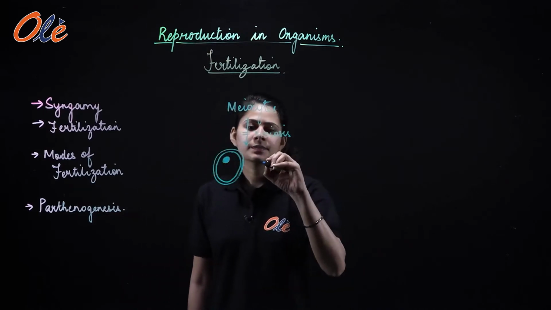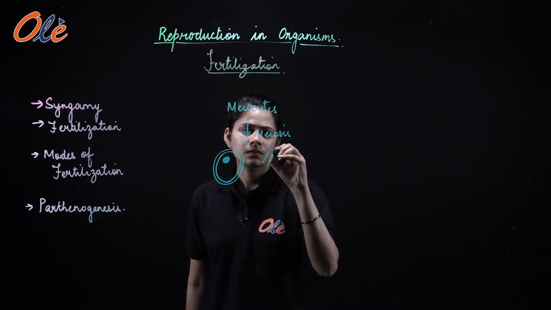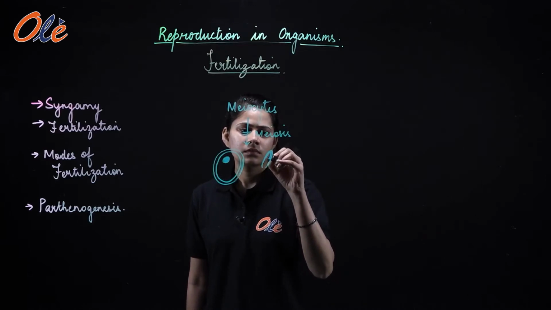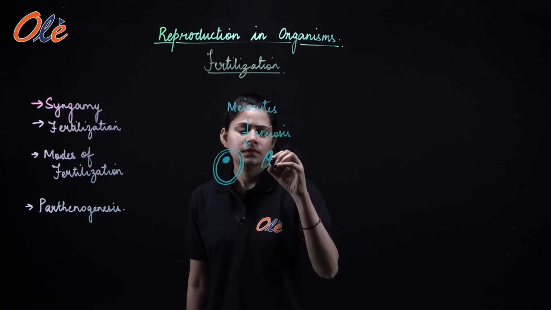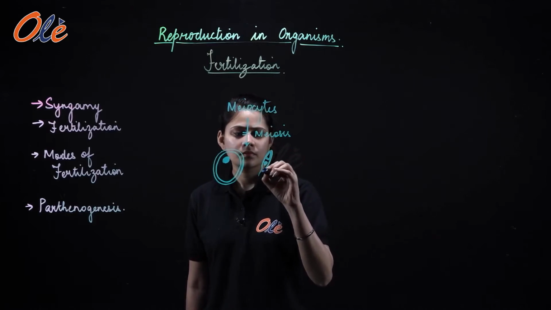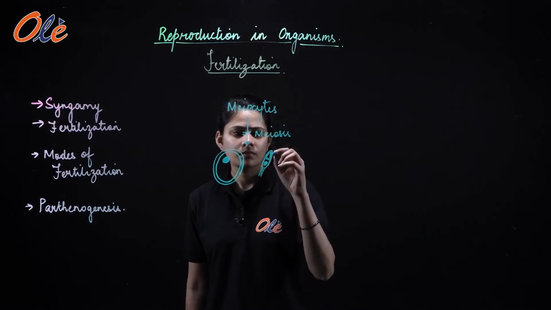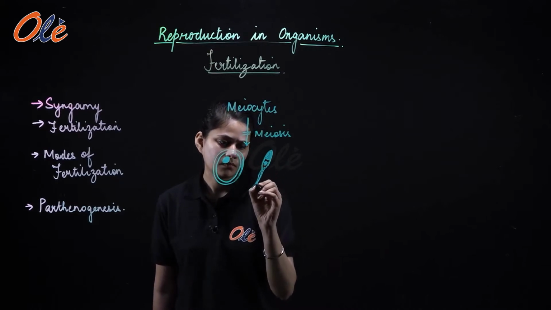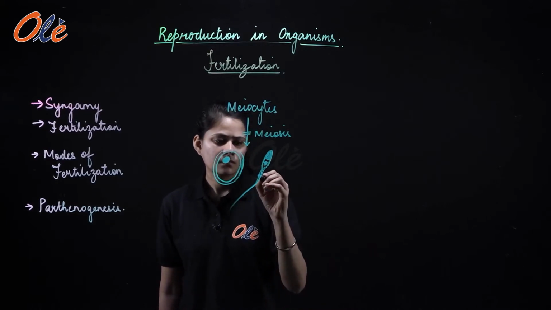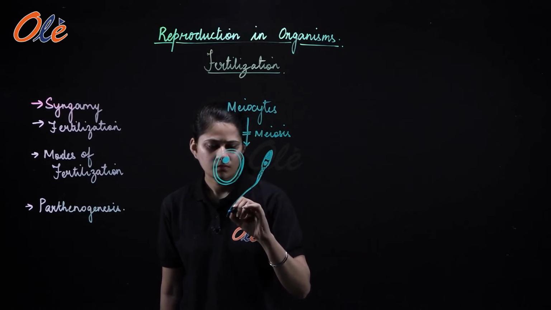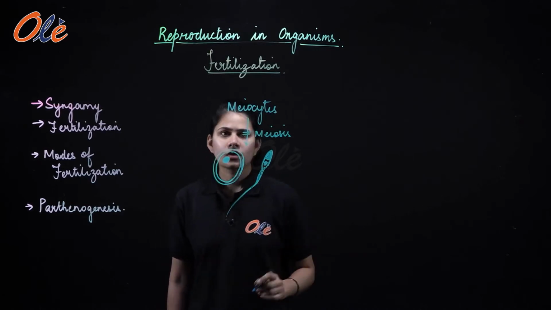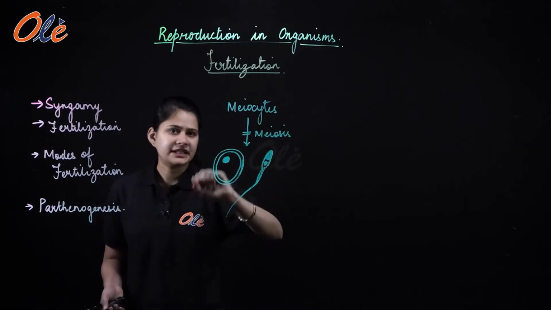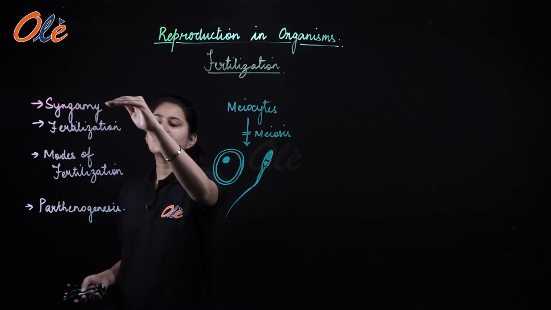And then there is the sperm or the male gamete. Alright, so the meiocytes, they undergo meiosis to form the two gametes, right? Now let us talk about these two terms.